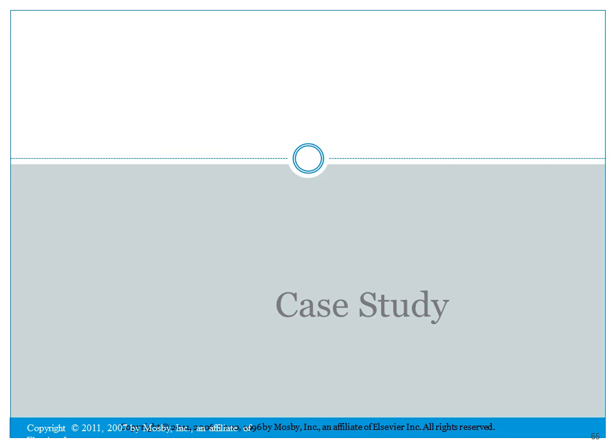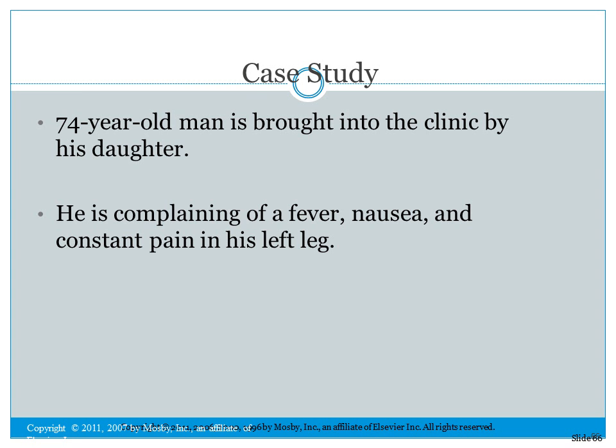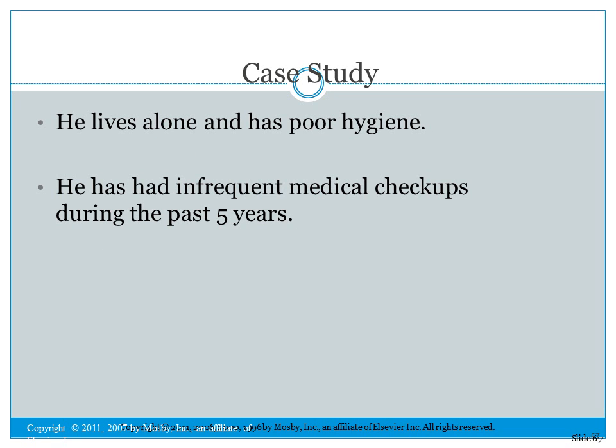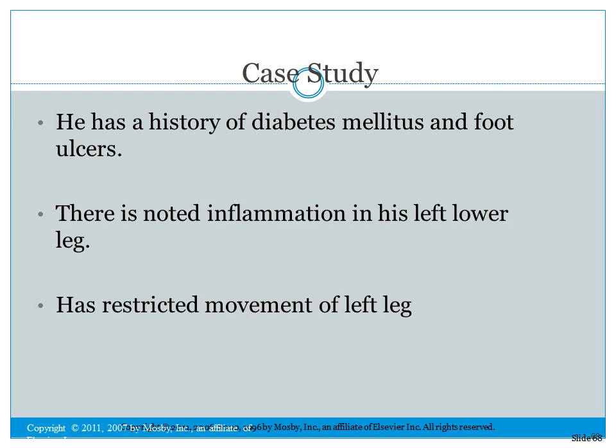Okay, I've got a short case study. A 74-year-old male is brought into the clinic by his daughter, and he's complaining of a fever, nausea, and pain in his left leg. He lives alone, has poor hygiene. He's very infrequently gone for medical checkups over the past years.